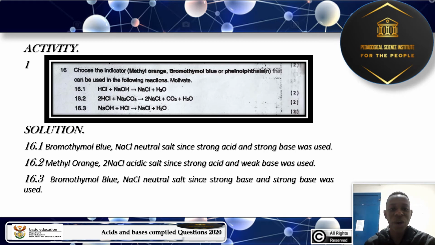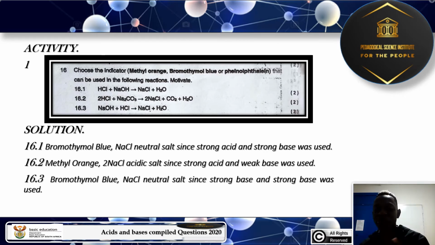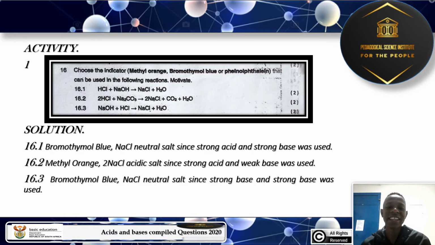Then NaOH, which is also a strong base. Then NaCl is going to be a neutral salt because a strong acid has reacted with a strong base. Therefore, the salt NaCl, sodium chloride, is a neutral salt.